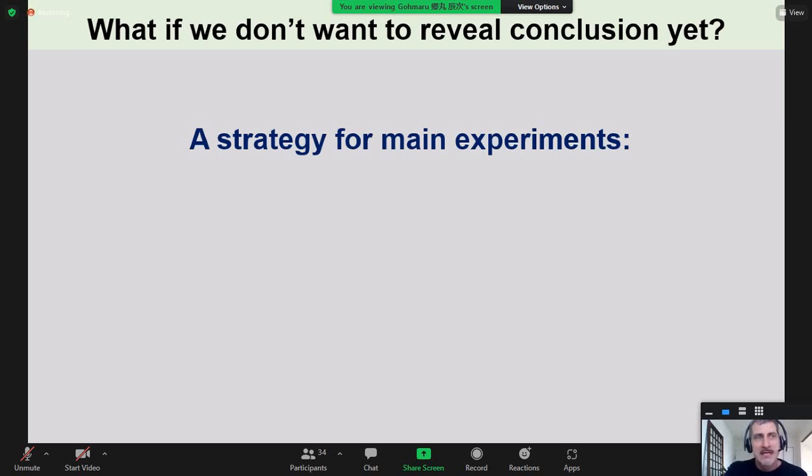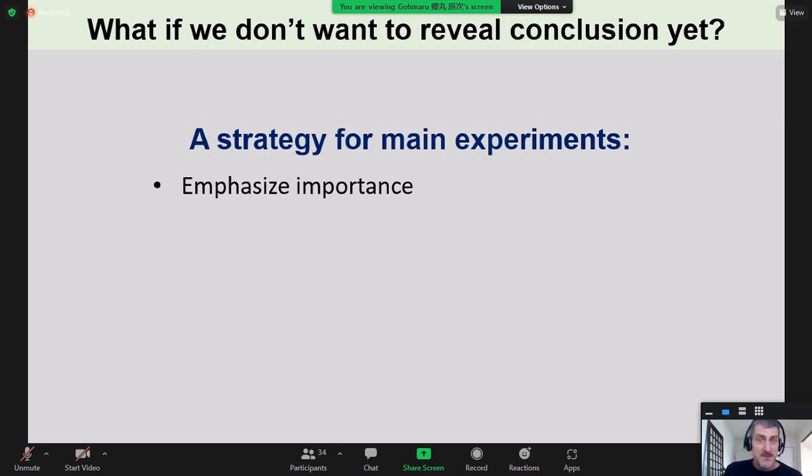And this bias could potentially prevent the audience from thinking of any alternative explanations or alternative interpretations. So for the key experiments, if we want to prevent that kind of prediction bias and allow the audience to think of more ideas, what can we do differently?